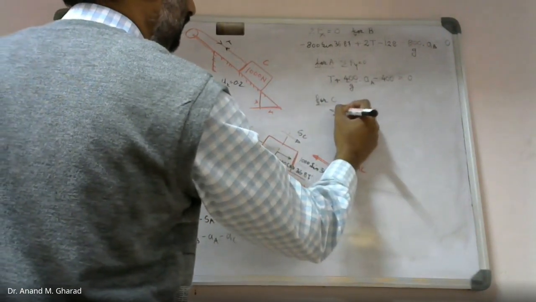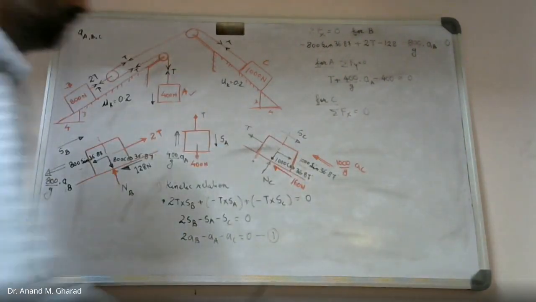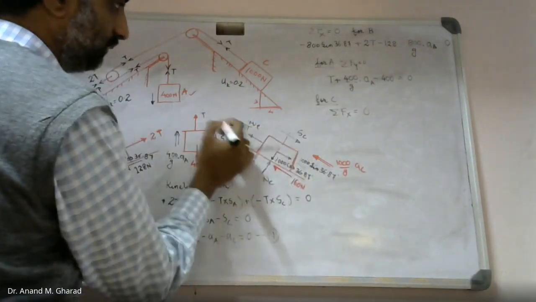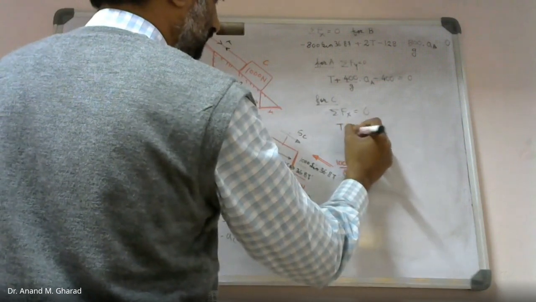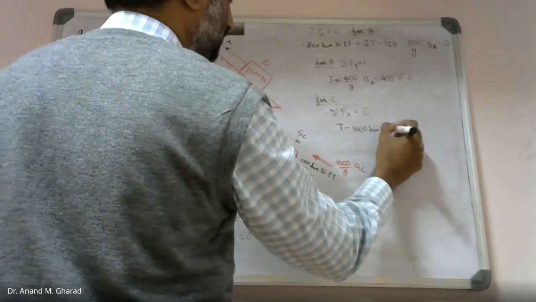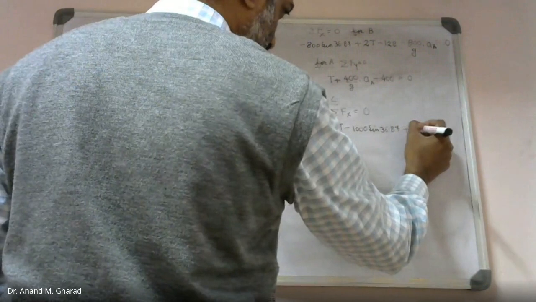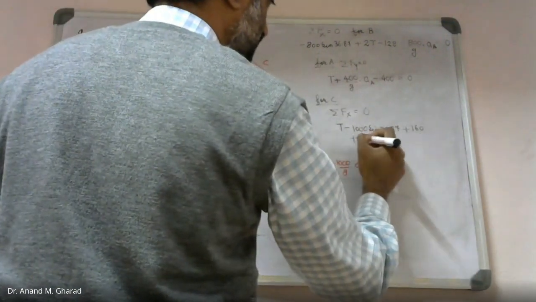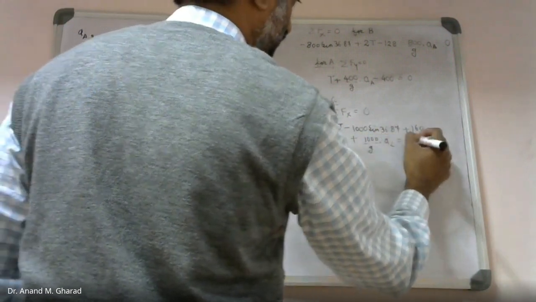summation of forces in x direction equal to 0. So see, I am assuming this side to be positive. So T minus 1000 sine 36.87 plus 160, this term, and plus 1000 G AC equal to 0.